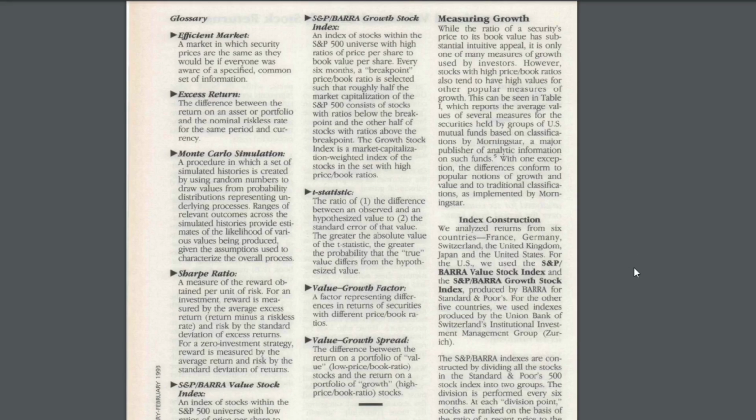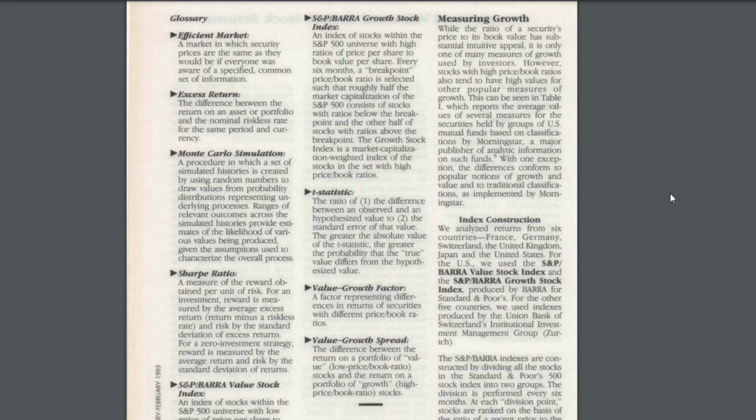Yep. Value growth factor is just the factor of that, and then the value growth spread, which is actually what they are looking at. So we can get into what they're doing here. The value growth spread is just the return of the portfolio of value minus growth. And that's it.